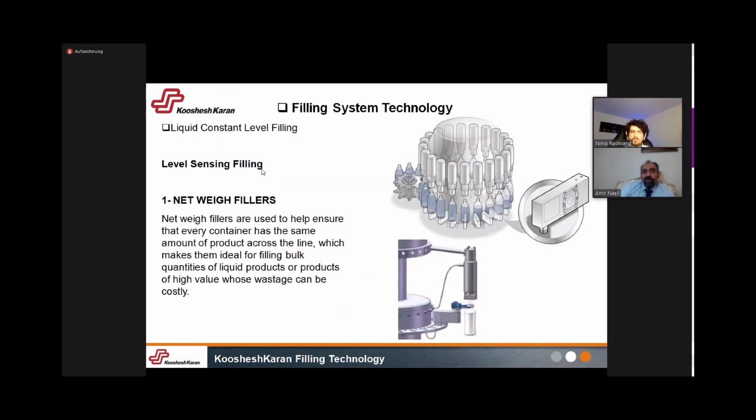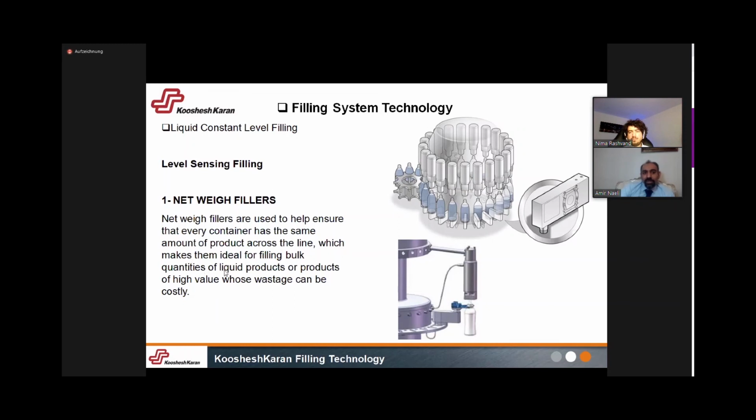Net weight fillers are used to help ensure that every container has the same amount of product across the line, which makes them ideal for filling bulk quantities of liquid products or products of high value whose wastage can be costly.